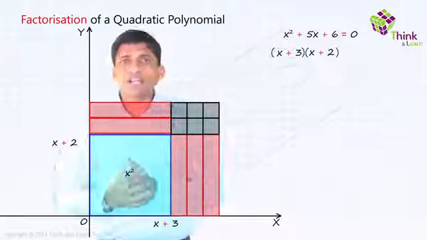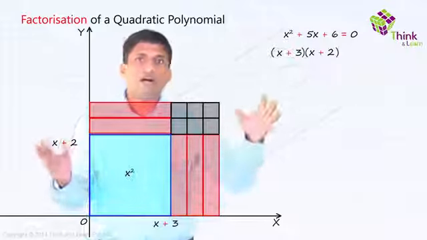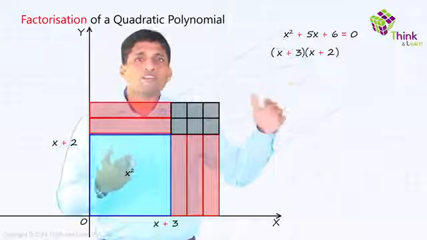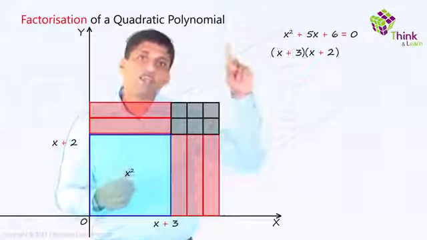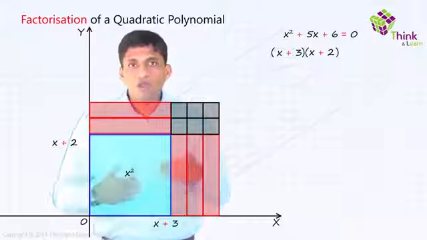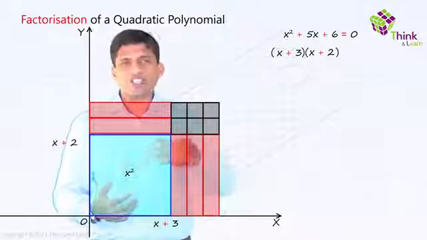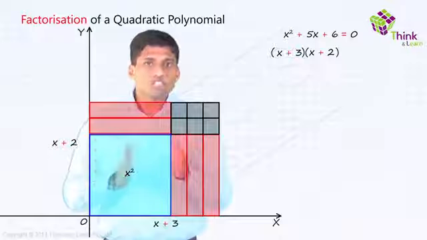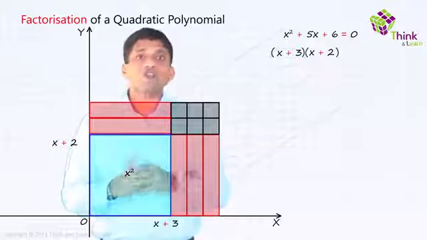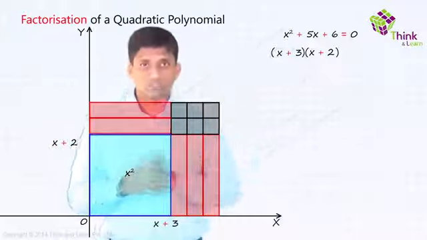So it is a very interesting way to connect a method which otherwise can be very boring or monotonous when it comes to just factorizing the way we've been using numbers before. But when you visualize, I'm very sure it's very intuitive, interesting and easy. So we just visualized factorization of x square plus 5x plus 6.